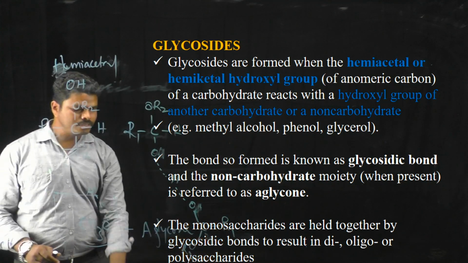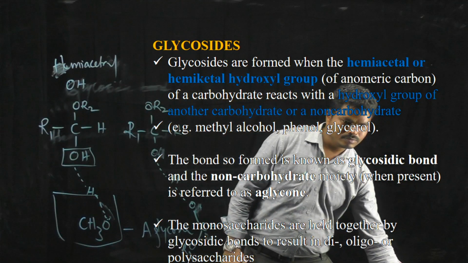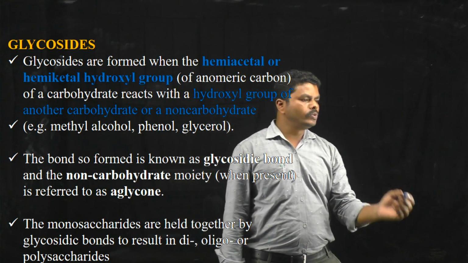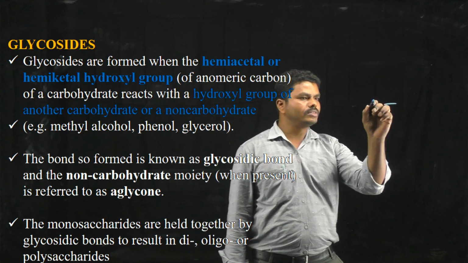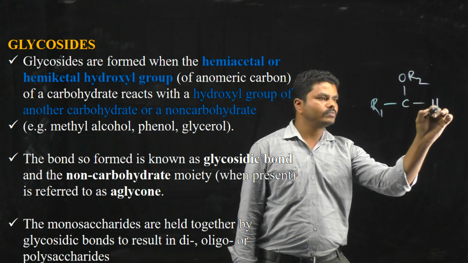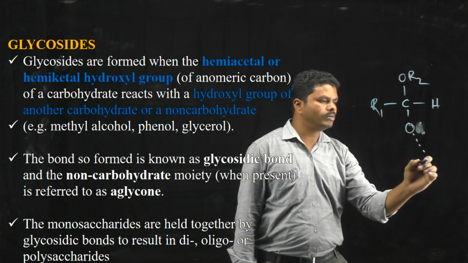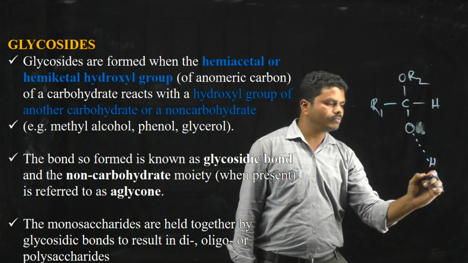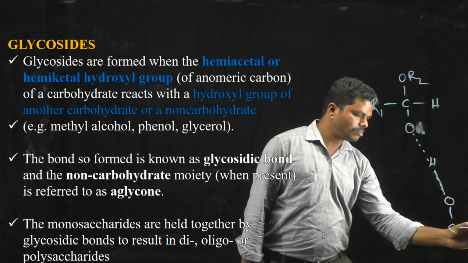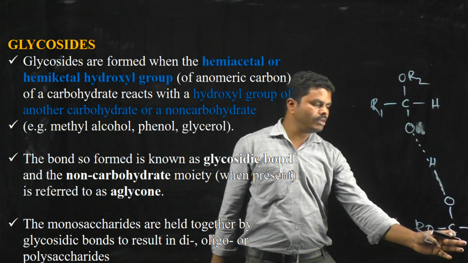This is the OH group, and there is a formation of glycosidic bond with another hemiacetal group. So this one is one carbohydrate and this one is another carbohydrate.